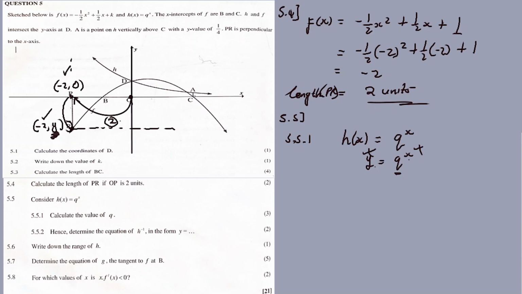So let's go. Remember, they said A is a point on h, vertically above C with the y value of 1 over 4. So A is basically x, 1 over 4, right?